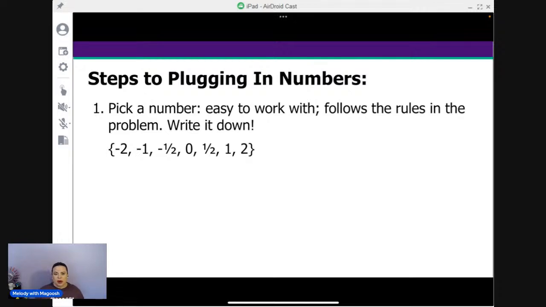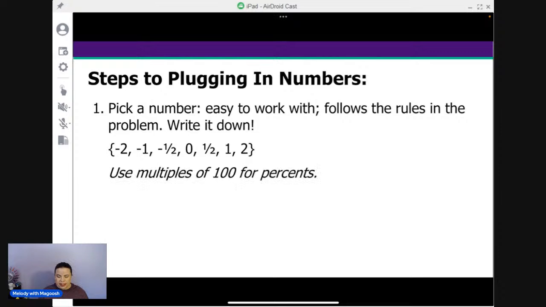Some questions might require a negative. And some questions might require a fraction. So our favorite fraction, the one we're most familiar with, is 1/2. This list can be some inspiration to help you pick the easiest possible numbers to work with. But again, always honor the rules in the problem. If we need a multiple of 5 or something like that, follow what the problem says.